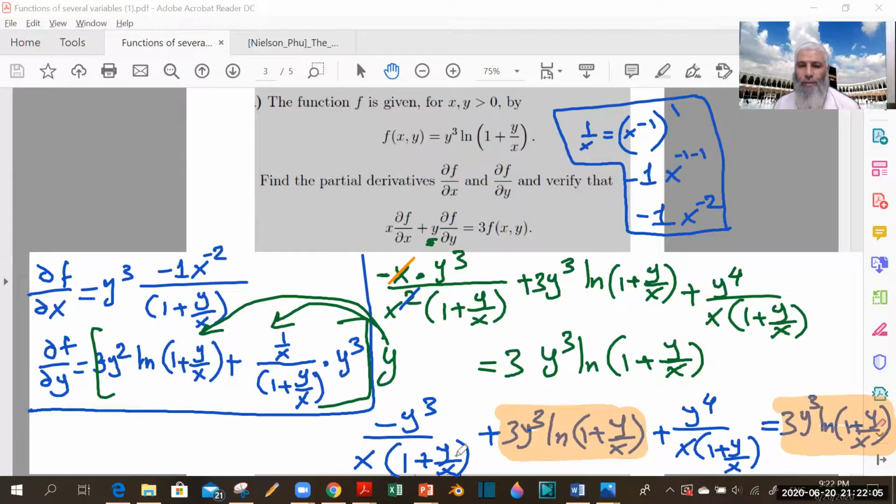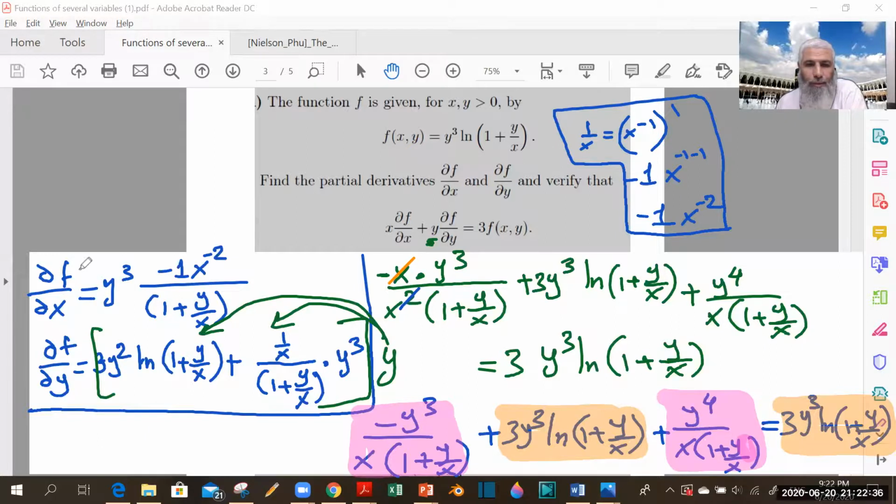This is minus, and this is positive, and they are the same. They can add to 0. But this is y to the power 3, and this is y to the power 4. Something is wrong. Either this is y to the power 4, or this is y to the power 3. There is something wrong here, but where is it?